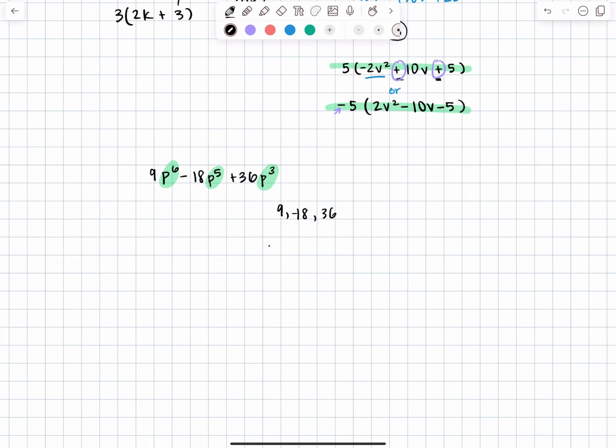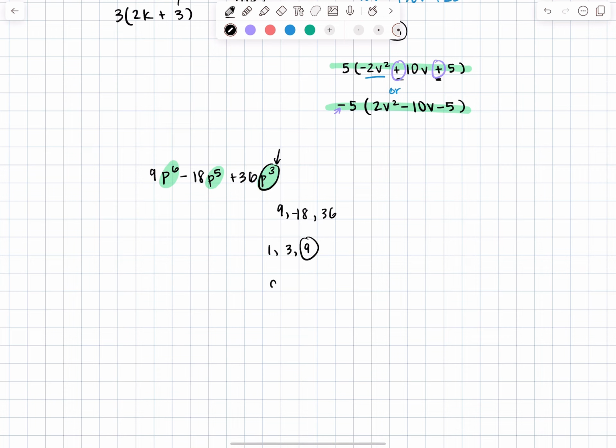So we have 1, 3 works, and then we have 9. So 9 is our greatest common factor. And then for the p's, we have to look for the exponent that's the least, or the smallest. So that is p cubed.